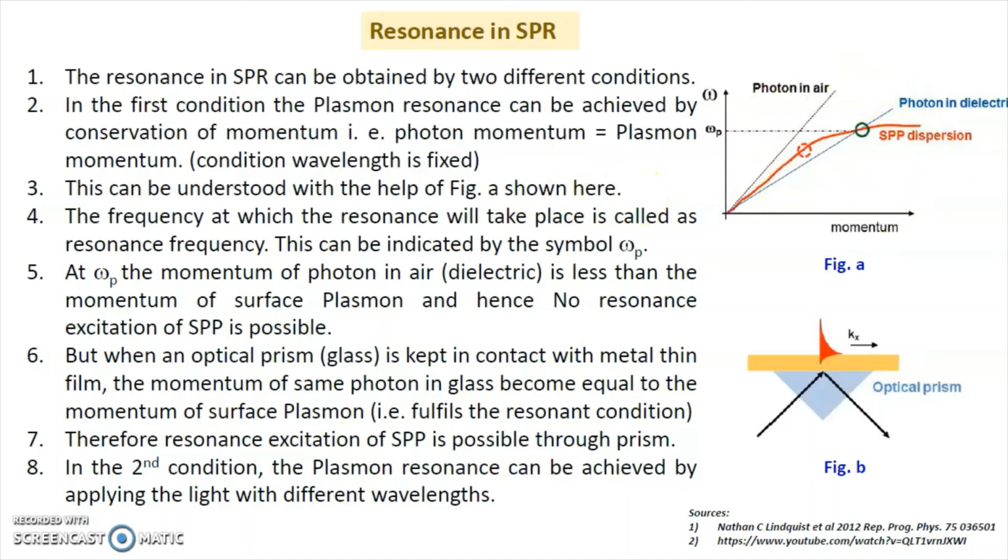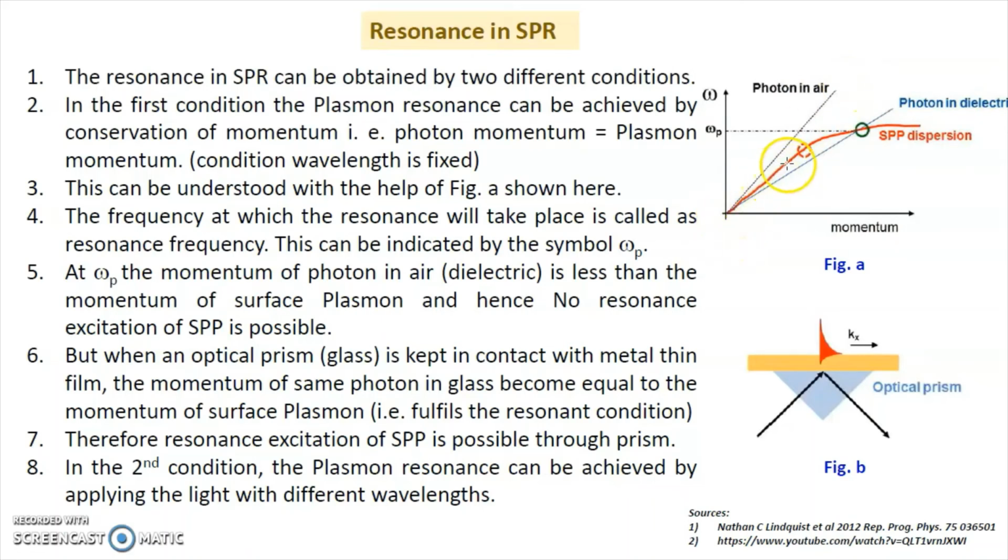This can be understood with the help of figure A as shown here. What is the x-axis? This is the momentum. What is the y-axis? This is the frequency, right? Now here, because the photon is coming from air, if you see the value of the momentum of the incoming photon, it is linearly increasing, and that is shown in the black line, right?